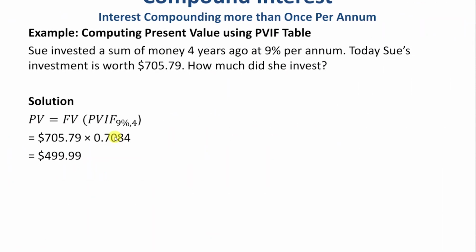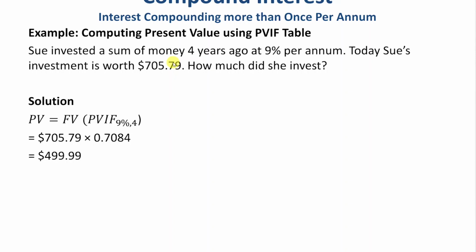There's another way to express this, which is 9% for 4 periods. So if Sue invested a sum of money for 4 years at 9% per annum, and today Sue's investment is $705.79, how much did she invest?